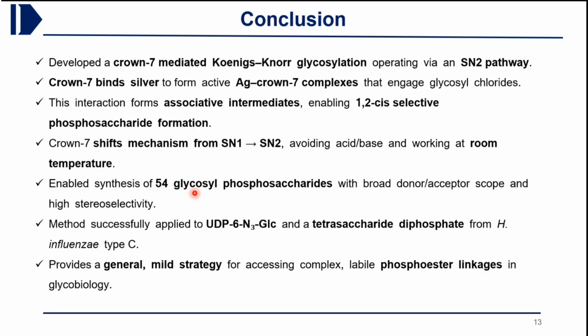It enables the synthesis of 54 glycosyl phosphosaccharides mentioned in the paper, with broad donor and acceptor scope and high stereoselectivity. The method was successfully applied to UDP-6-3-glucose and the tetrasaccharide diphosphate from H. influenzae type C. It provides a general, mild strategy for accessing complex labile phosphoester linkages in glycobiology.